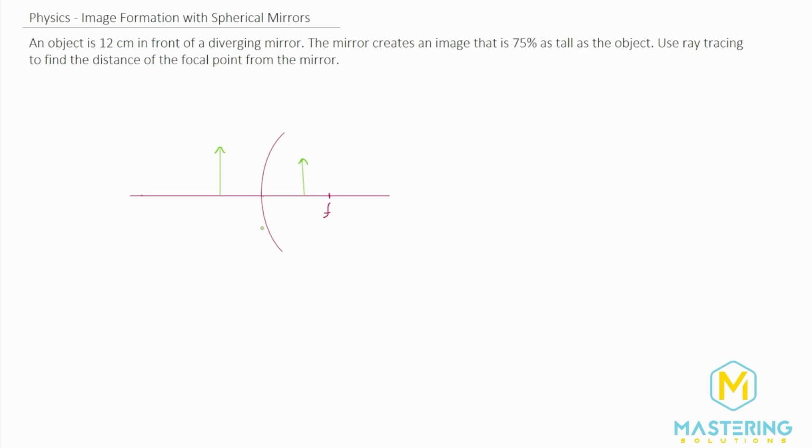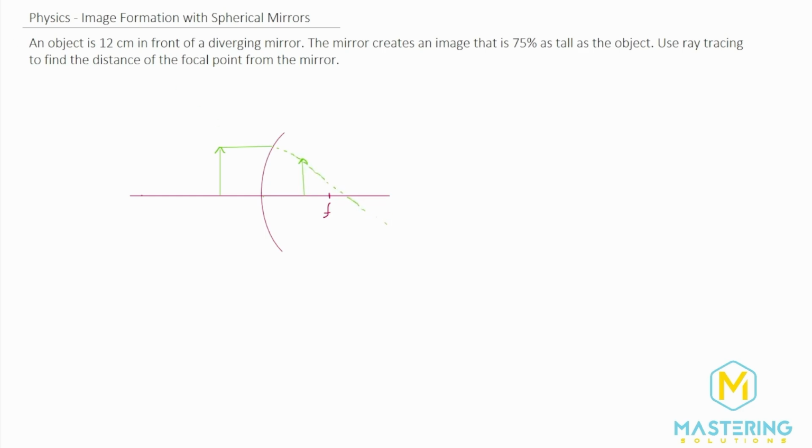And so now we need to use ray tracing to figure out where the distance to the focal point would be for this mirror. What they wanted us to do is to draw this on graph paper or something, to scale, so we can estimate where it's going to land. But remember, we'll do the 3 rays. We have parallel, and then it's going to go to the focal point.